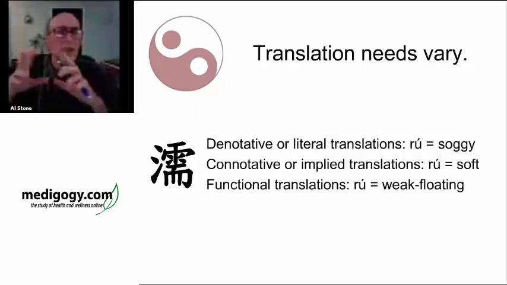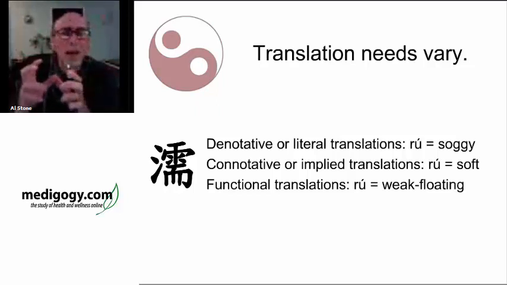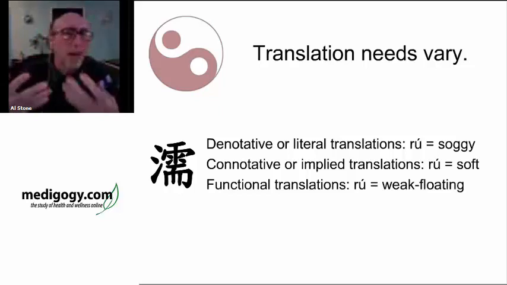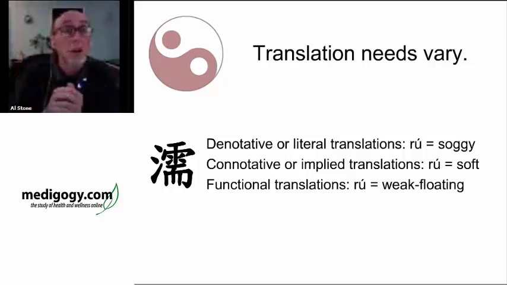Sometimes they want to stick with the sense of the character. Others want to take what the character means in modern day life, such as translating the rumai into a soft pulse. But for my money, the best ones are the so-called functional translations, which Matt Chiocha uses for the rumai, and he calls it the weak floating pulse. So you know it's weak and it's floating.